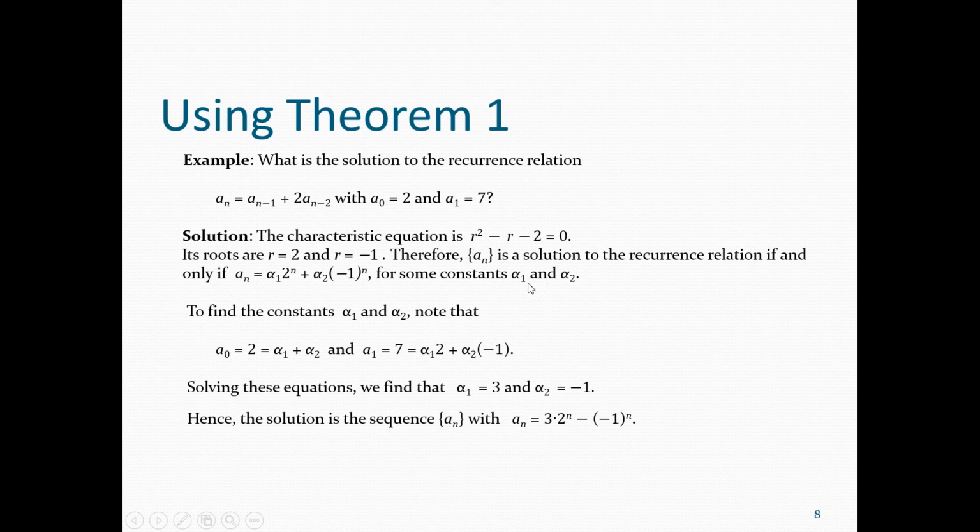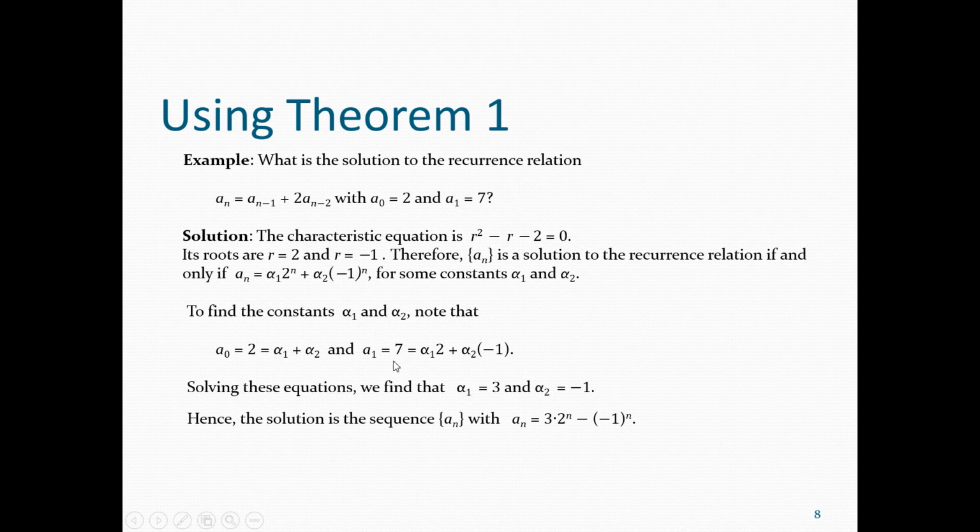Now α1 and α2 are arbitrary constants, so to find their values we will use the initial conditions. a0 = 2, so replace n with 0. We have 2^0 = 1 and (−1)^0 = 1, so α1 + α2 = 2 because a0 = 2. So this is one of the equations.